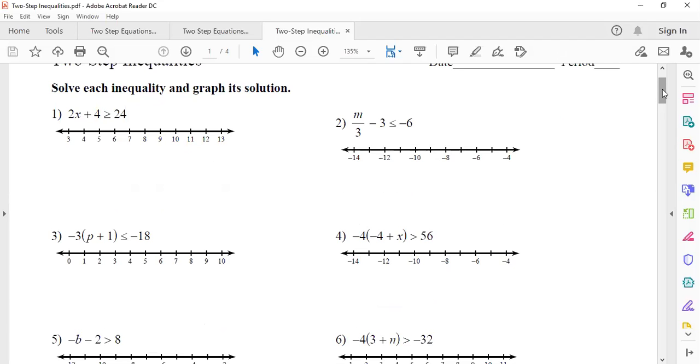Now, there's one big thing here that makes these inequalities tricky. There's an extra rule.